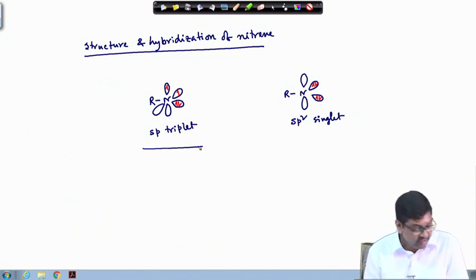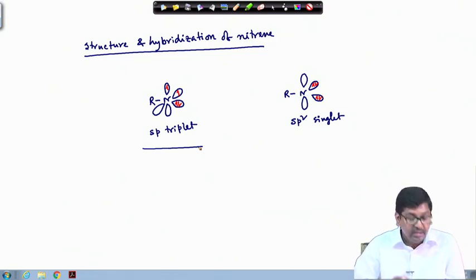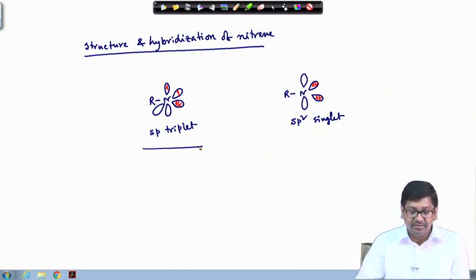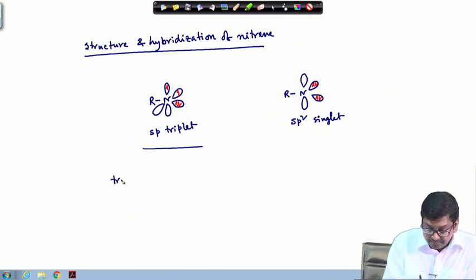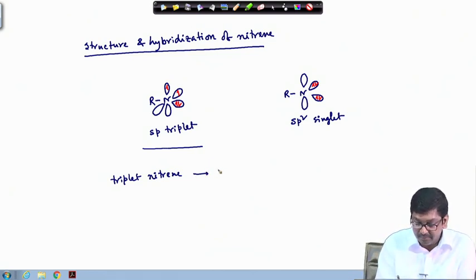So, in the ground state, this is the triplet state, that is lower in energy than the singlet state. Okay. Now, once this type of nitrene is formed, like triplet nitrene or singlet nitrene, in case of triplet nitrene, which actually behaves like a biradical.